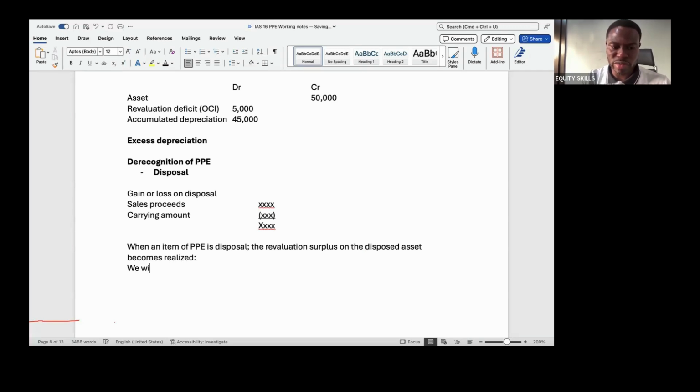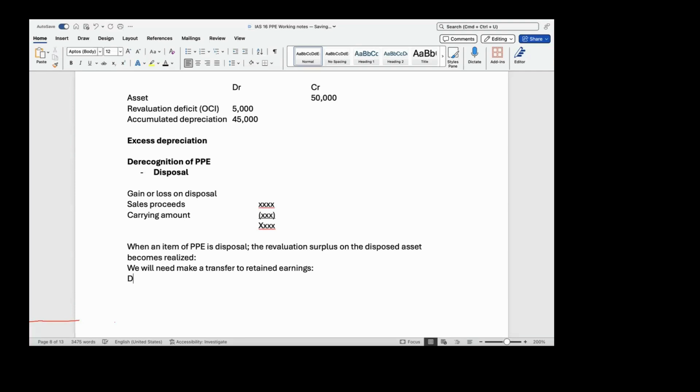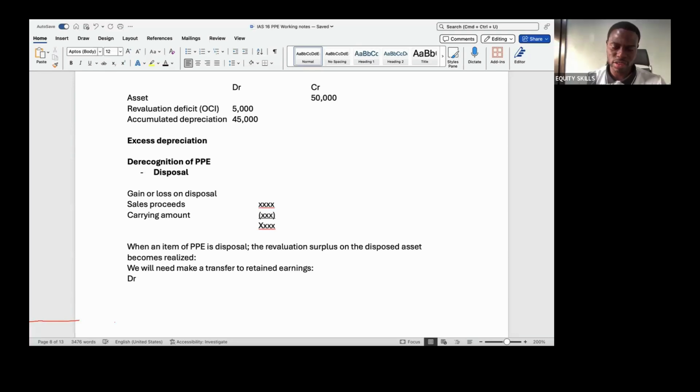So who can tell me, how do you transfer it? We will need to make a transfer to retained earnings because it's now realized. What will we debit or credit? If you want to transfer that reserve to retained earnings, how do we do it? Can you guess? Debit retained earnings and credit income in the P&L? No, far from it.